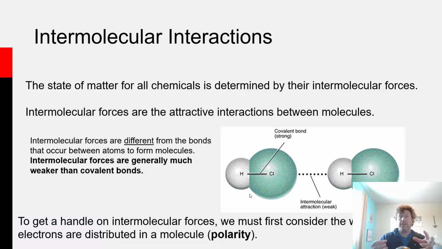Well, the strength of the intermolecular forces is the primary determining factor in how large a boiling point or a melting point a solid or a liquid is going to have. The stronger the intermolecular interactions, the higher the temperature you have to get the sample to in order to turn a solid into a liquid or to turn a liquid into a gas.